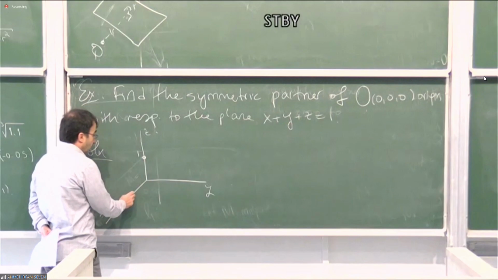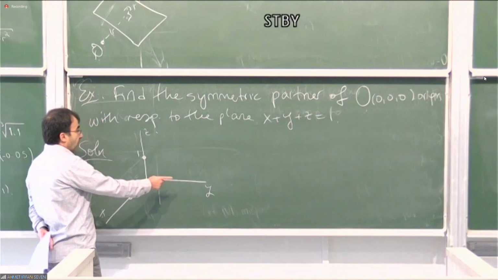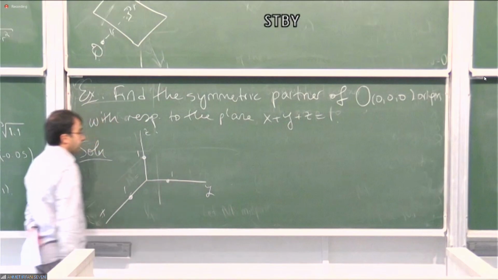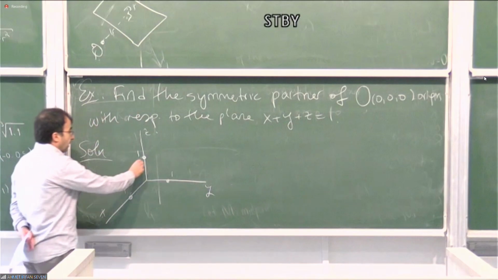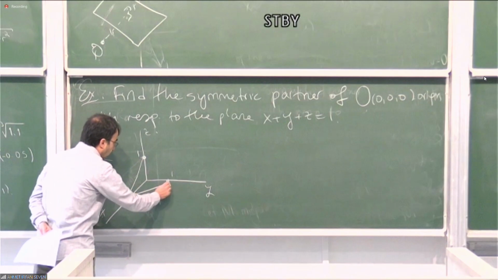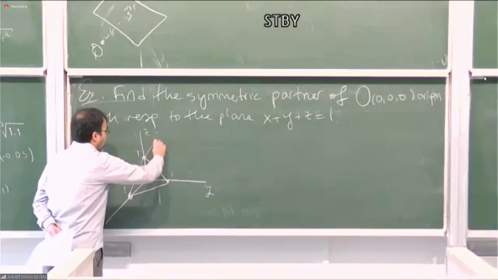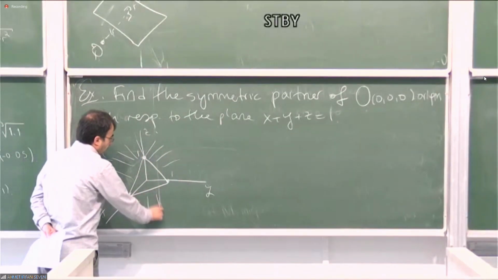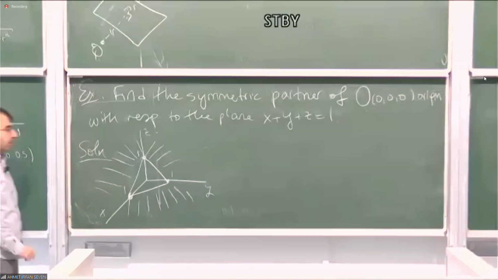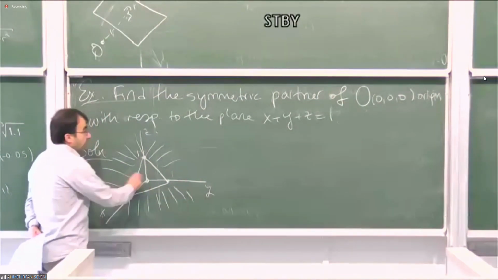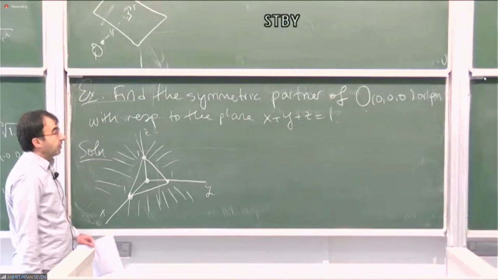And similarly, if I put y equals 0, z equals 0, then x will be 1. So my plane will look like, in the first octant, such a triangle, and then it will go in all directions. Now, this is our plane, and our origin is in here, and I want to find its reflection.